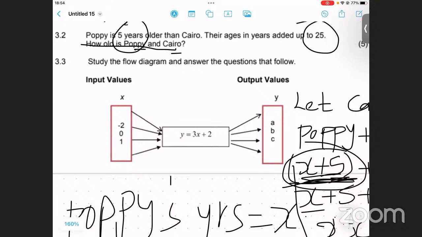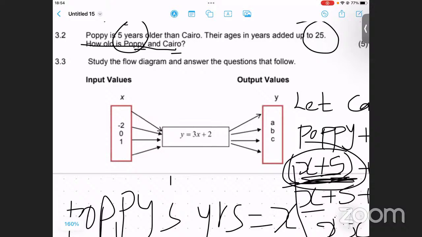How do you guys think we're going to get the values of A, B, C? Ma'am, are we going to substitute x? Yes, we're going to substitute the input values, which are the x values.